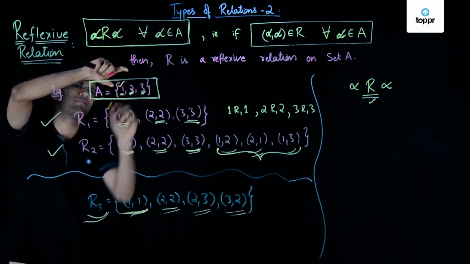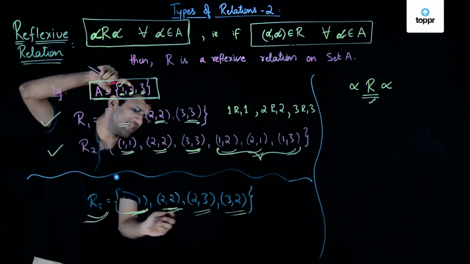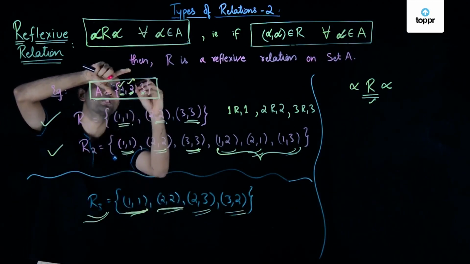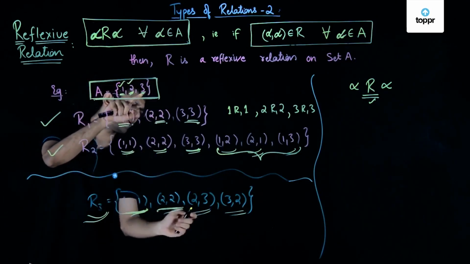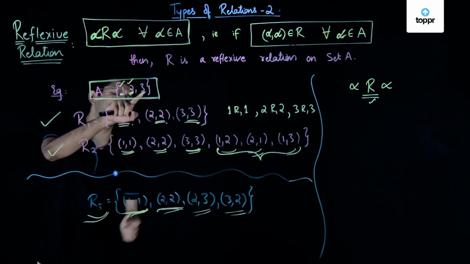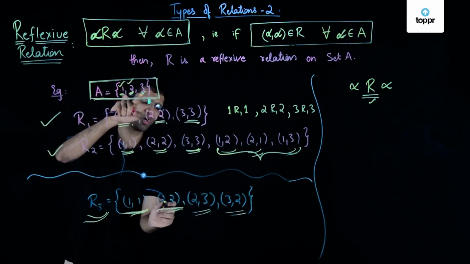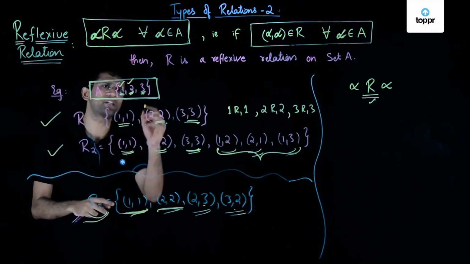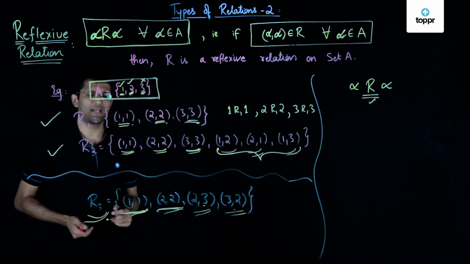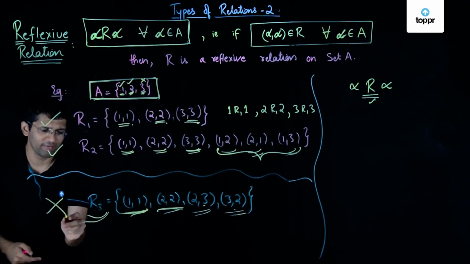So this is taken care of. If you look at the element 2, you will see that 2 is also related to itself. So 2 is also taken care of. And if you look at the element 3, you will have to find an ordered pair of the form (3, 3). But realize that (3, 3) is not a part of this relation R3. And so we say that this relation R3 is not reflexive.